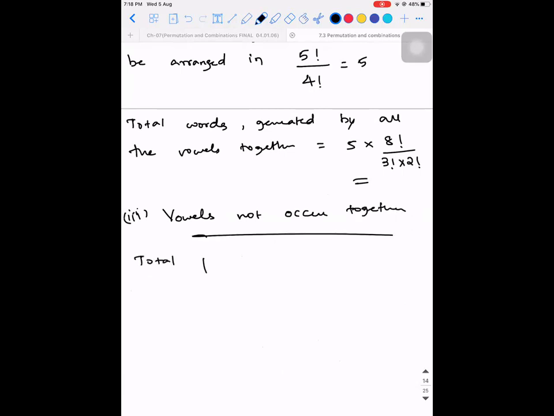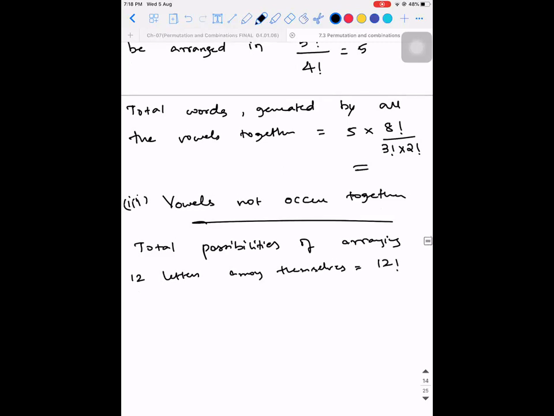So, total possibilities of arranging 12 letters among themselves. How many ways can you arrange all the 12 letters of INDEPENDENCE among themselves? 12 factorial.